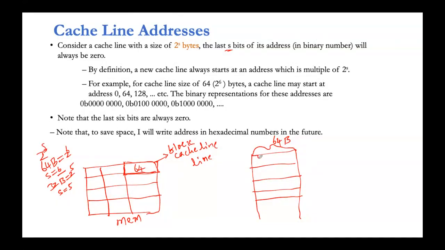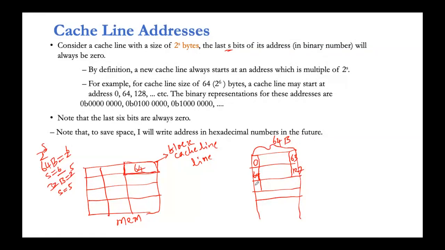The starting of this cache line starts with 0 and ends with 63. Then the next cache line starts with 64 and ends with 127.